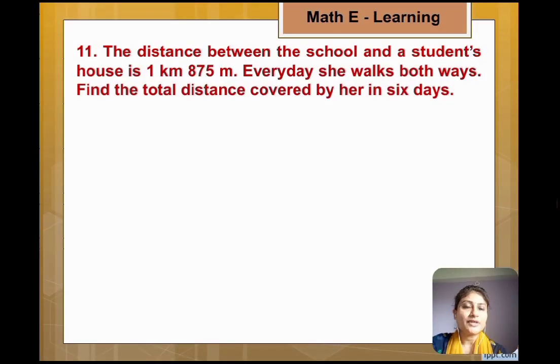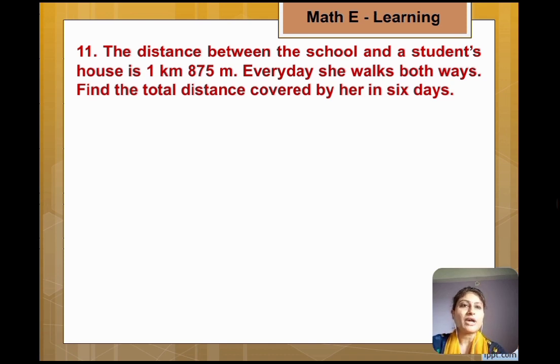Question number 11. The distance between the school and a student's house is 1 kilometer 875 meter. Every day she walks both ways. That means from school to home and home to school. Find the total distance covered by her in 6 days.